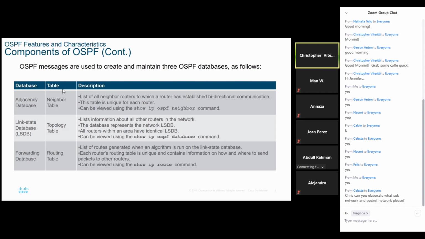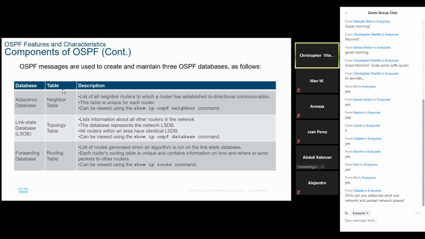Anything that crosses an ABR is going to show as an O IA, inter-area. That means from Area 1 into Area 0 or Area 0 into Area 1. Those routes are not native to the area. They come from other areas.